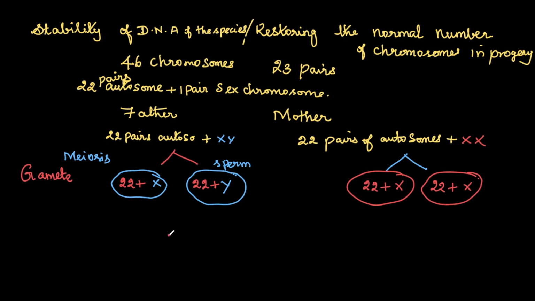So during sexual reproduction, the male gamete and female gamete join to produce an offspring. Then it is 22 autosomes from each, becoming 22 pairs of autosomes, plus X from father and X from mother.